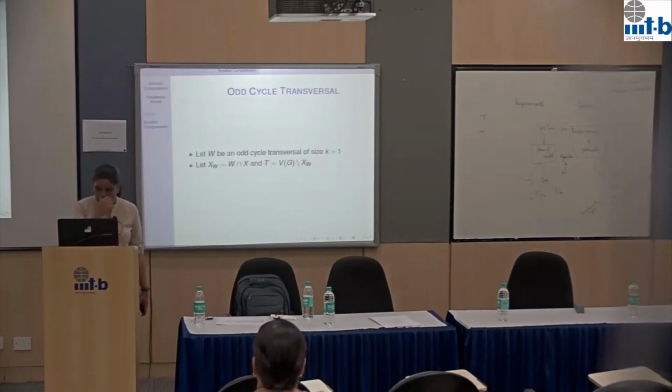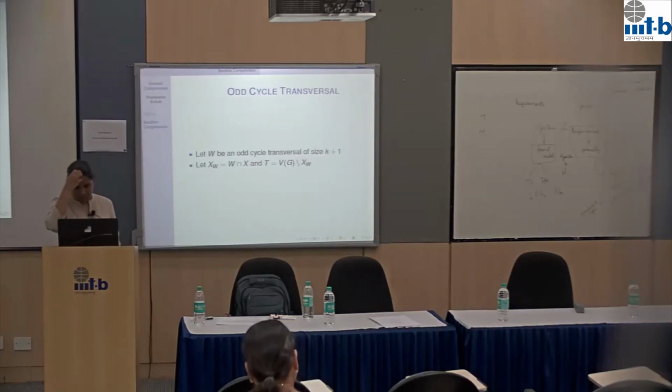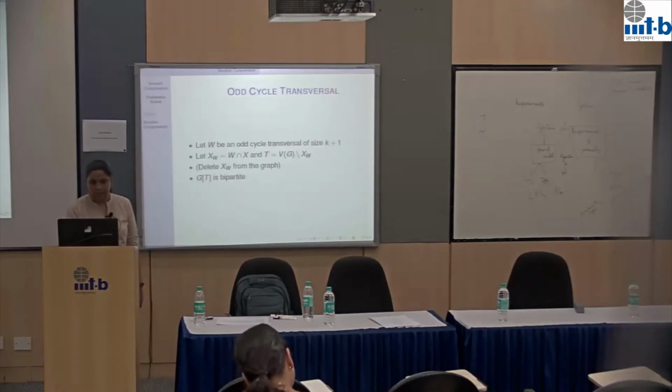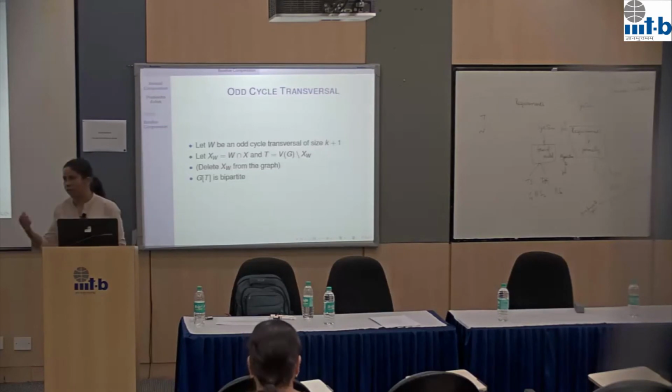I think it's a typo, it's not V of G, it is W. Then we delete XW from the graph, because you have already decided that XW is in the solution. So you decrease your budget by the size of XW and delete the edges which are already taken care of by XW.